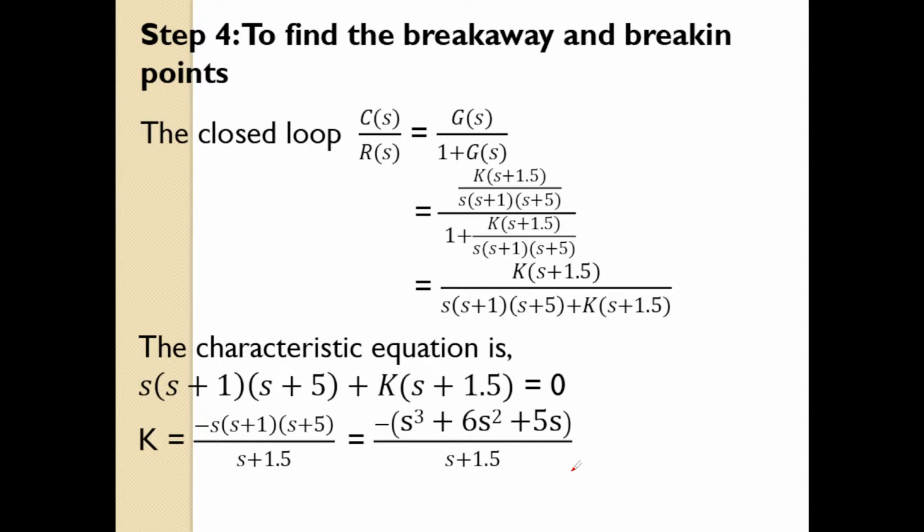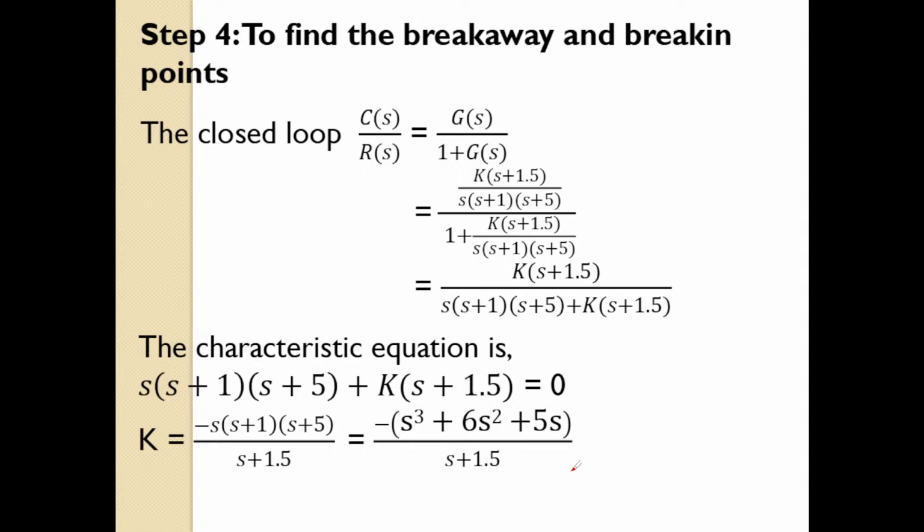Now differentiate K with respect to s and equate it to 0. If you differentiate K with respect to s and equate it to 0, this is what you will get.